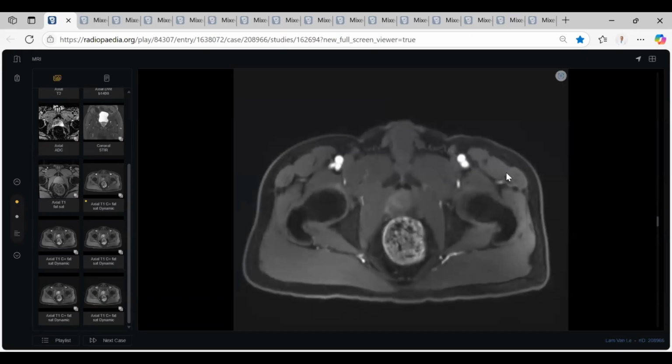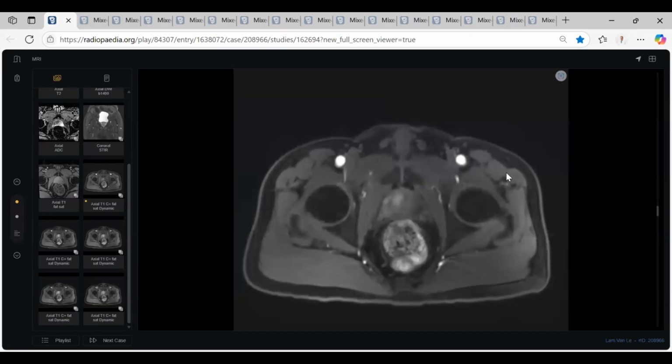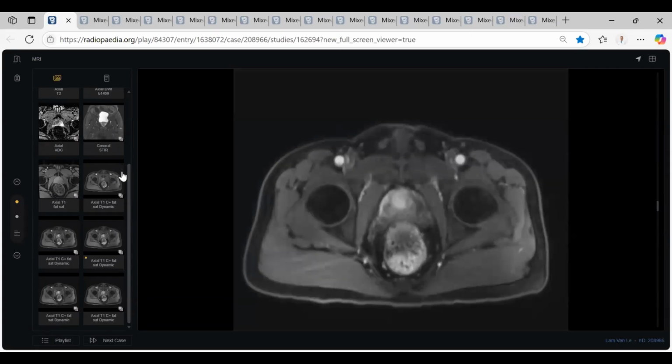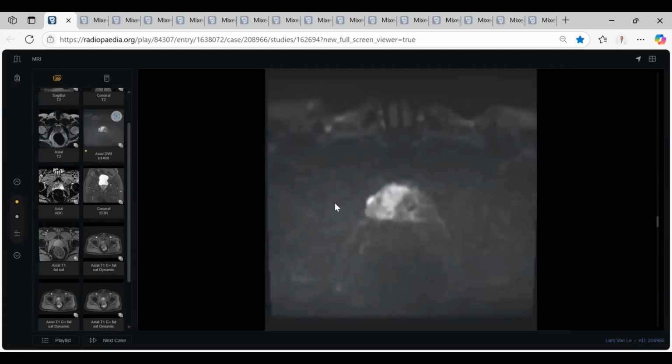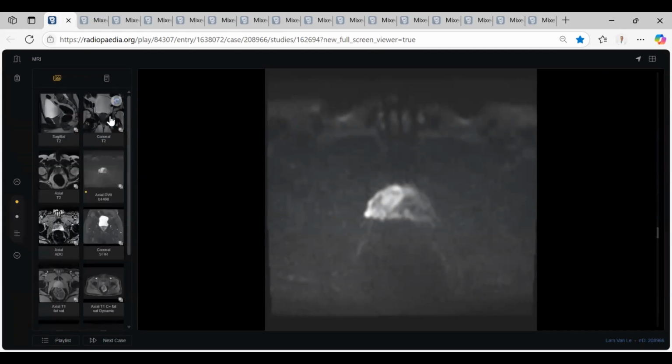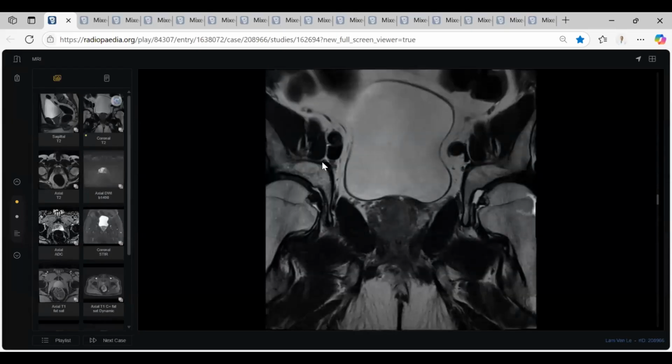Adenocarcinoma. Okay. You told me only the lesion in the right periphery. But look here. This is the periphery. What about this? Is this another lesion in the central zone or not? I think it's the same lesion but extending within the central zone.